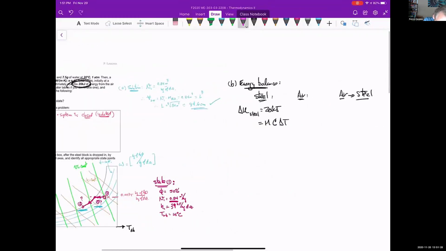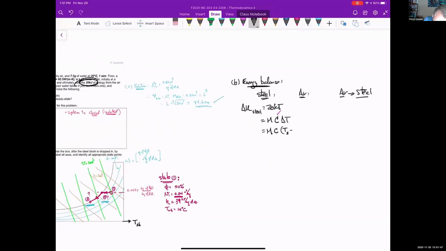That guy is done. Delta T is going to be the temperature of the steel at 2 minus the initial temperature of the steel, which is minus 10 degrees. So minus a minus is a plus 10 degrees Celsius. I don't know the mass of the steel, and I don't know the final temperature of the steel. One equation, two unknowns.